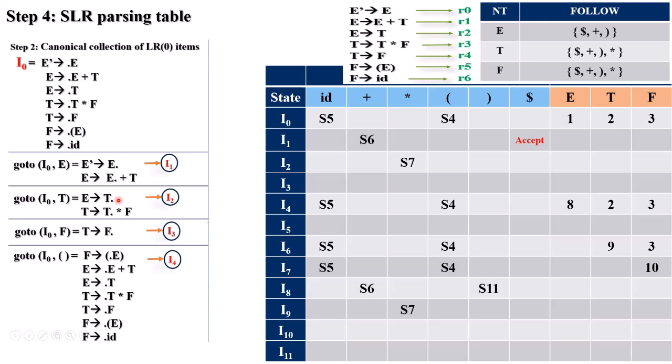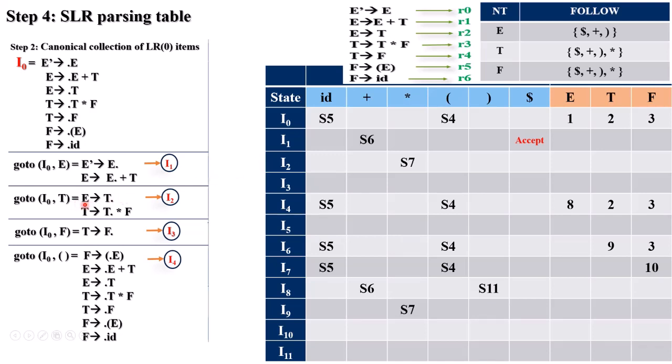So what is this indicating? I2. So we have to put the reduce R1, R2, R3, whichever it is, in I2. That is fixed from here. We have to write a reduction in I2. But in which place?